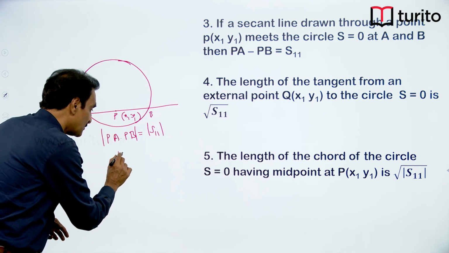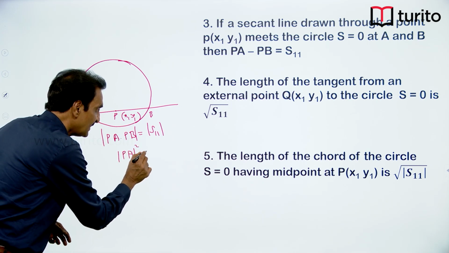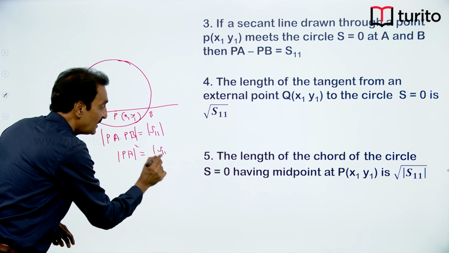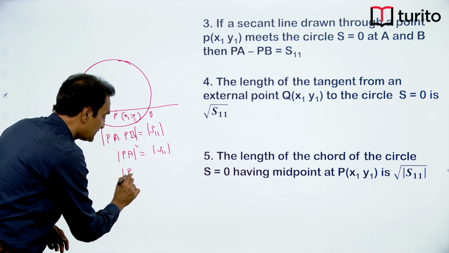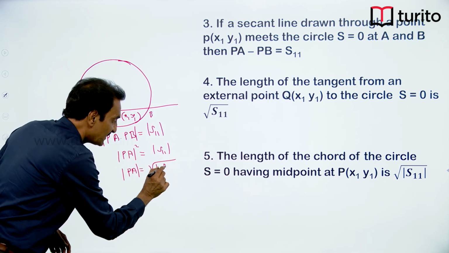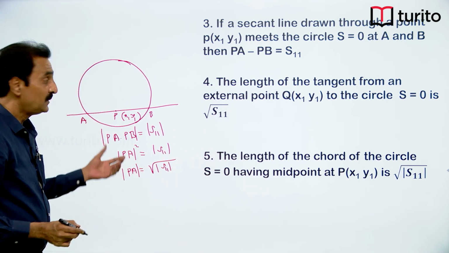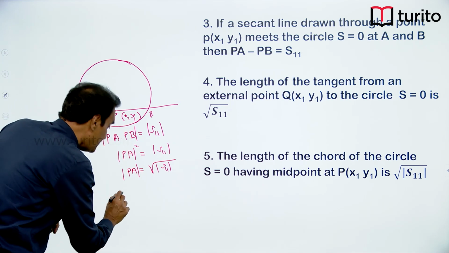So, mod PA square is mod S11. So, mod PA is equal to root over mod S11, but this is half of the length. So, what is the length AB?